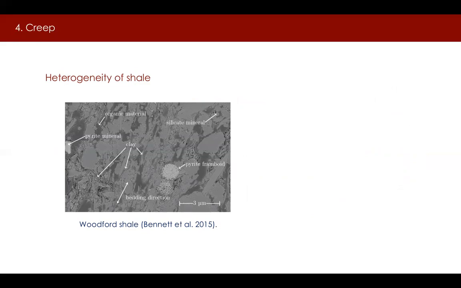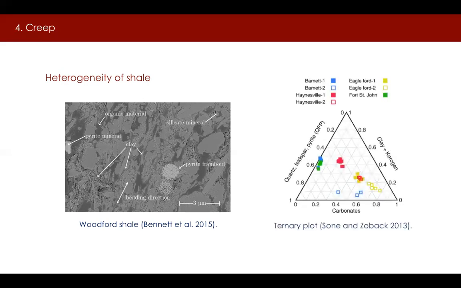Explicitly representing all these minerals and organics into the modeling of a shale would be a hopeless effort. That is why Sone and Zoback suggested to group these elements into hard and soft material groups, where the hard material group includes quartz, feldspar, pyrite, and carbonates, whereas the soft material group includes clays and kerogen. The figure on the right shows a ternary plot representing the composition of different shales, from which the percentages of the hard and soft material groups can be inferred.